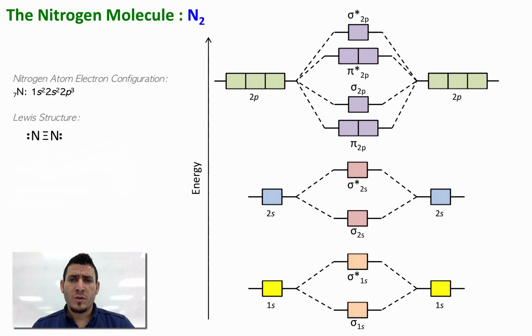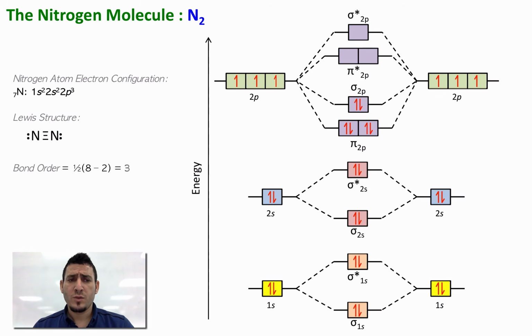The last molecule I'm going to discuss in this video is nitrogen. And we all know that nitrogen molecules exist in their diatomic form. So let's confirm that with our model. Each nitrogen has 7 electrons. These 14 electrons will fill the sigma 1s, sigma star 1s, sigma 2s, sigma star 2s, and the pi 2p and the sigma 2p.